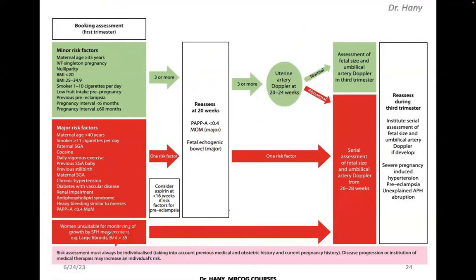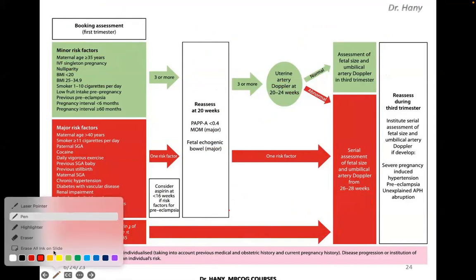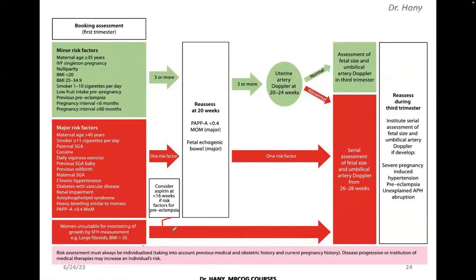So if the woman is obese, more than 35, or has a large fibroid or multiple fibroids, also it is embedded here. One fibroid more than 5 centimeters or multiple fibroids. It's not written here. Large fibroid more than 5 centimeters or multiple fibroids, both of them will affect the symphysiofundal height. So I need a serial growth scan, weight from 28.